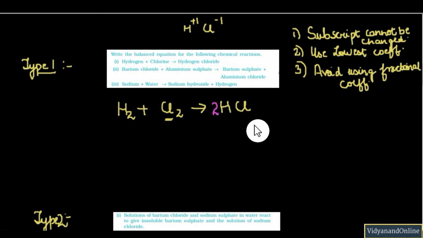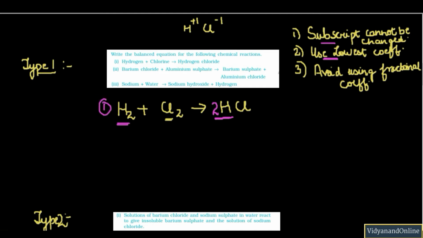That would be wrong. And try to use the lowest coefficient. Now while we put 2 here, see that in the products the hydrogen has 2 atoms, and in the reactants also the hydrogen has 2 atoms. So this equation is balanced.